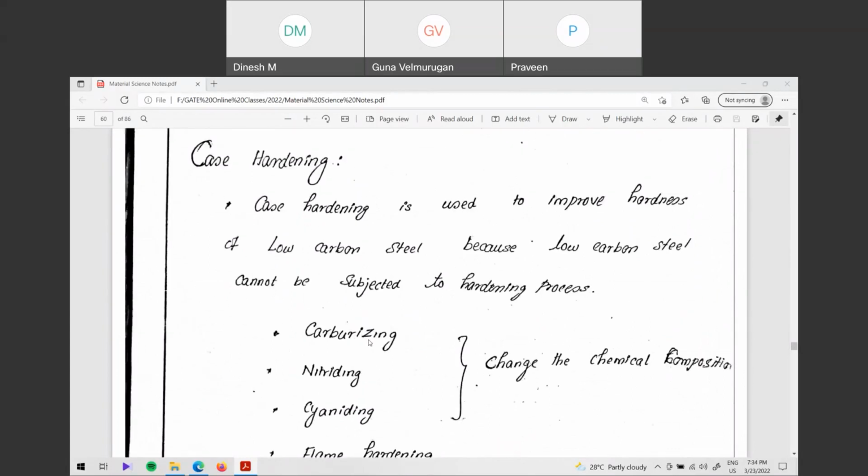Carburizing. What is carburizing? If I want to make the material harder, I will take the material and put it in some kind of high carbon environment.